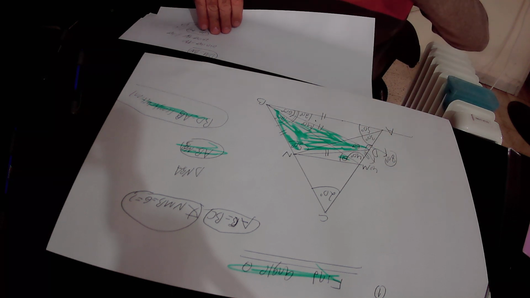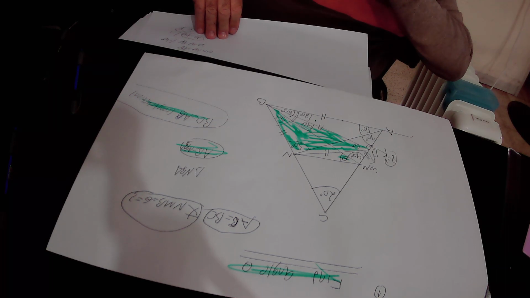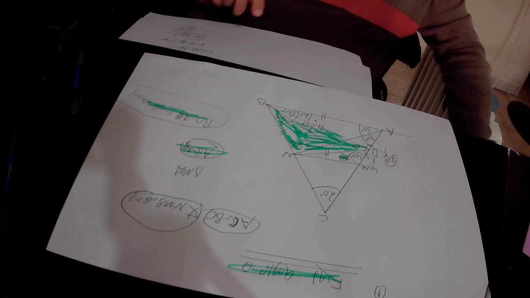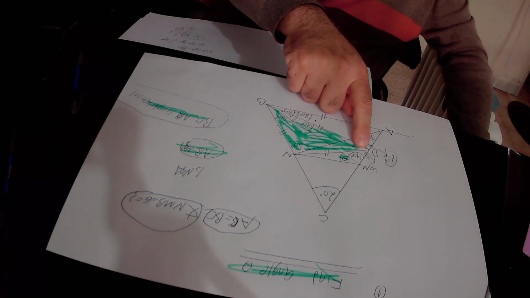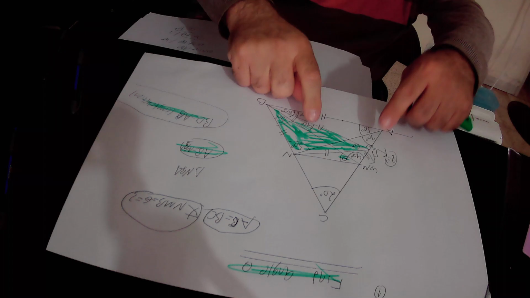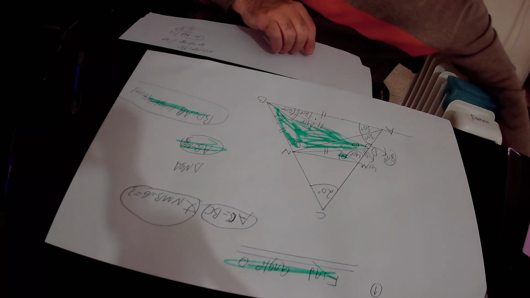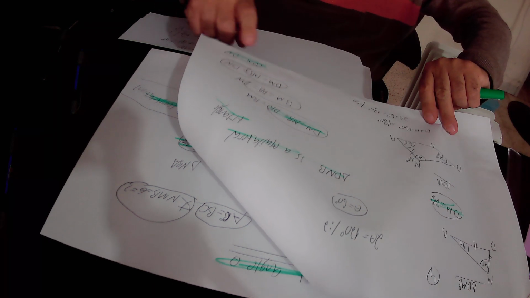So in triangle DMB, we have this angle that is equal to 40 degrees, and we found out that DM equals DN.